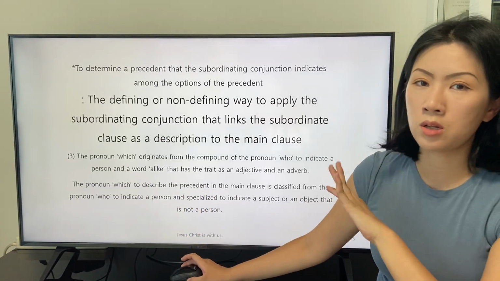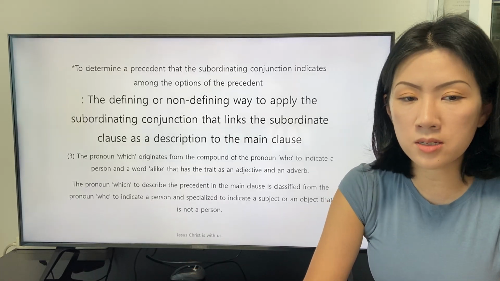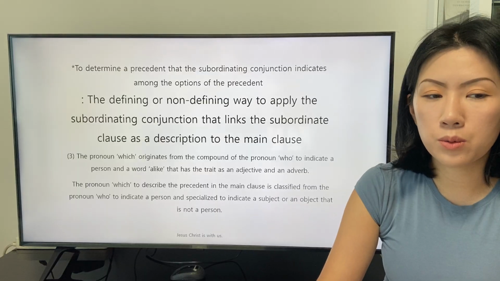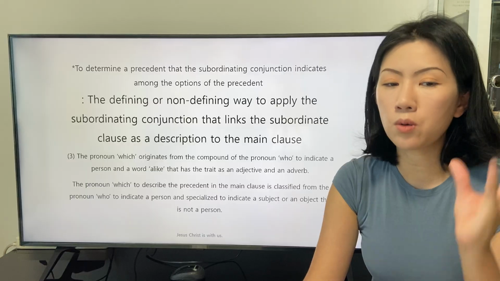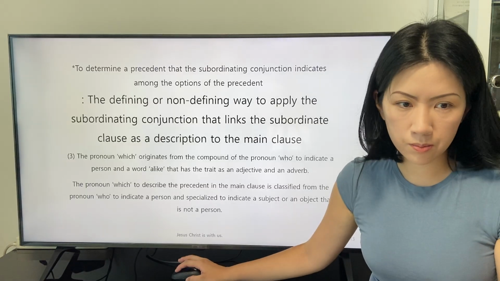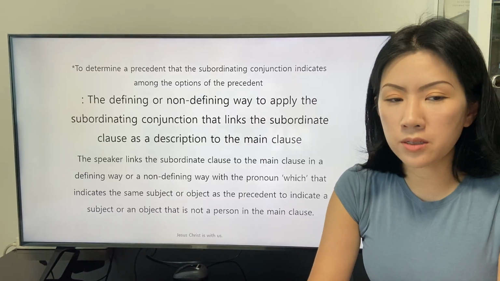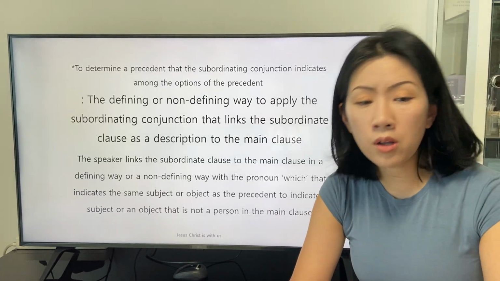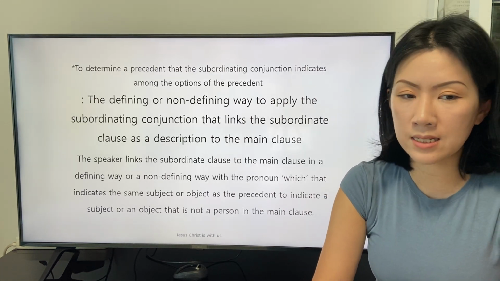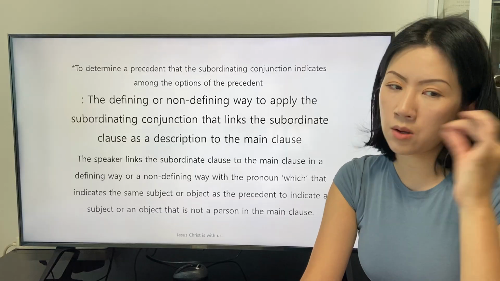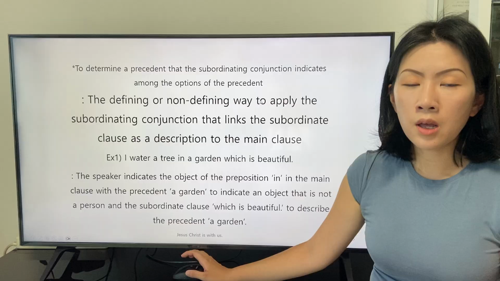Okay. This was the review about what we studied in the previous class, and let's read the remaining explanation and go to the next slide. The pronoun which to describe the precedent in the main clause is classified from the pronoun who to indicate a person and specialized to indicate a subject or an object that is not a person. The speaker links the subordinate clause to the main clause in a defining way or a non-defining way with the pronoun which that indicates the same subject or object as the precedent in the main clause. There is an example.